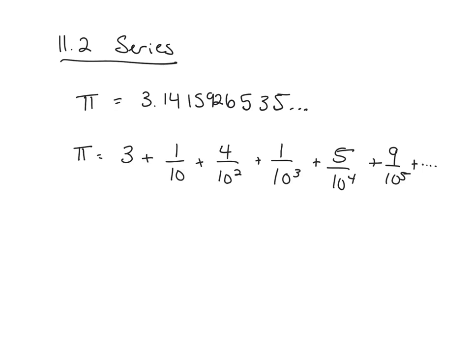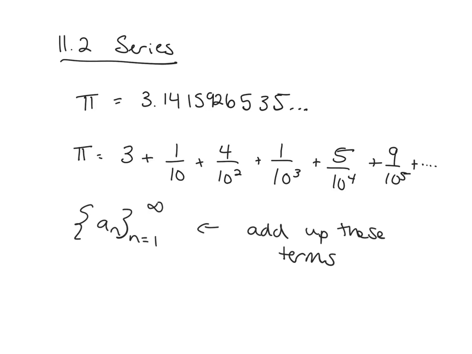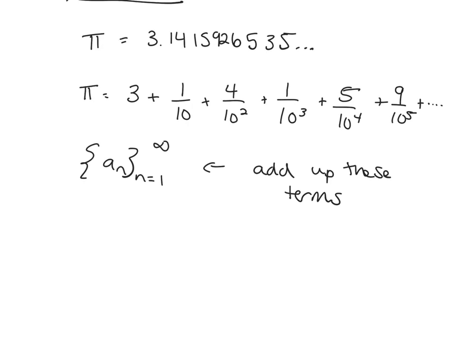So we can connect this idea with our talk of sequences in the following way. If we have a sequence, a sub n, and we take this sequence and we add up these terms, then what we're looking at is something that looks like a1 plus a2 plus a3.